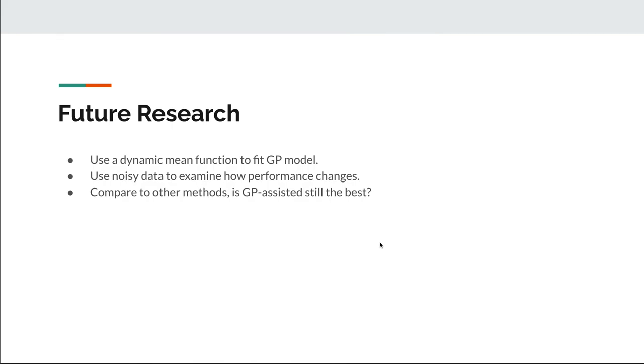Before finishing this presentation, I would like to point out the areas for future research. First, the current implementation of GP uses a static arithmetic mean for the mean function. We'll explore how a dynamic mean function can be fit to the GP model. Second, the data used for the analysis was collected in an ideal environment with the least amount of noise.